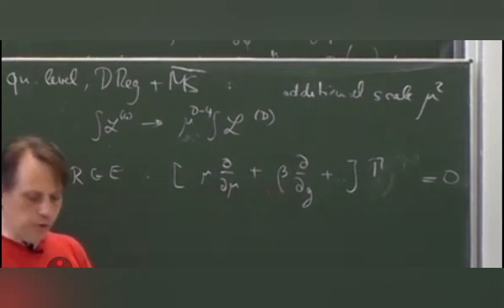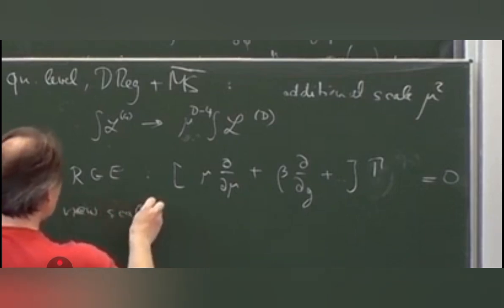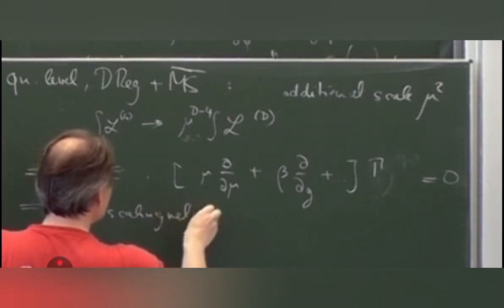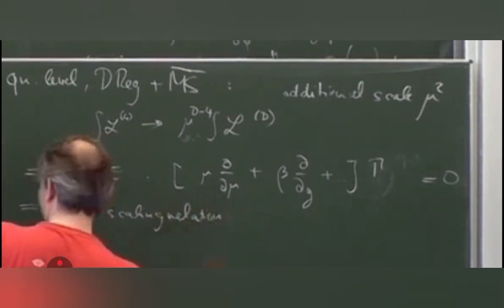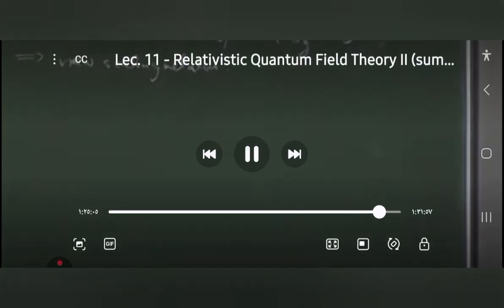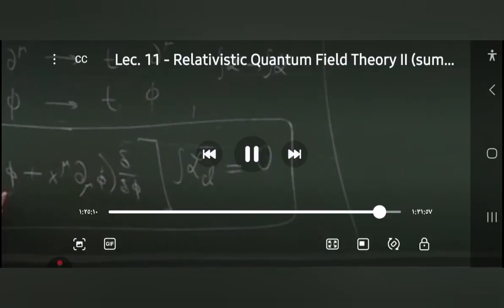And from this we obtain a new scaling relation. So at first you would have a naive scaling equation which looks like this, but there would be an additional derivative with respect to mu.